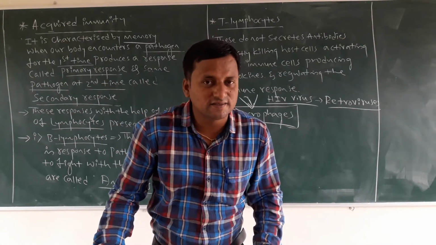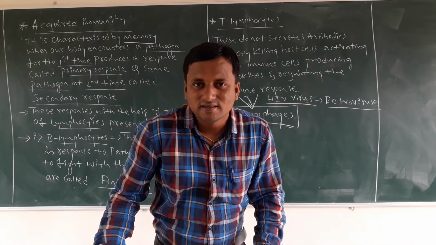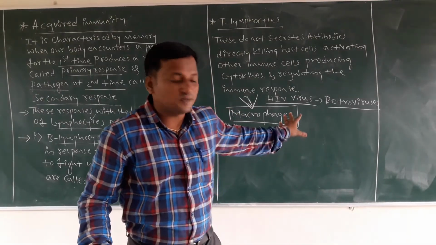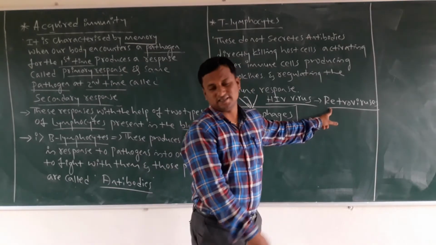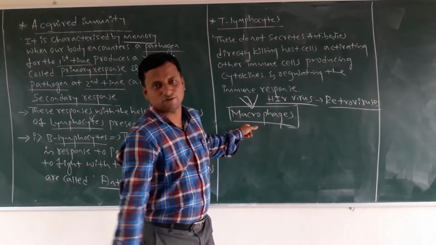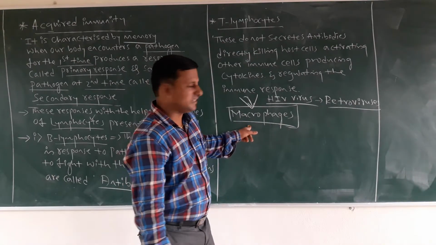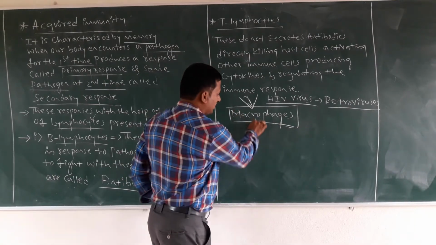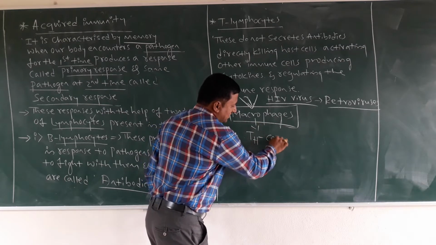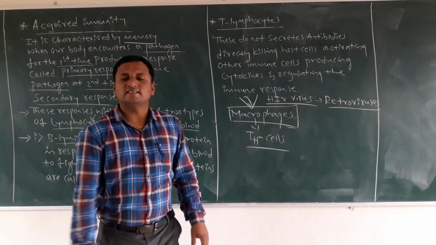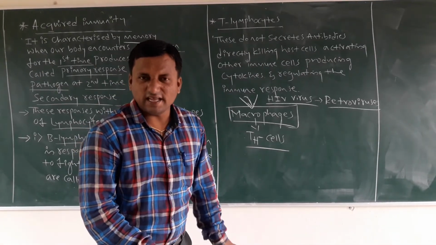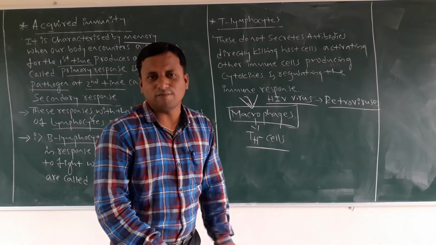Immediately these viruses enter our body, and there is no protection from our barriers, because these retroviruses become more dominant than the macrophages. Then they immediately kill the macrophages along with another type of cells, called TH cells. The TH cells are helper T lymphocyte cells, which play a very important role in protecting our body.